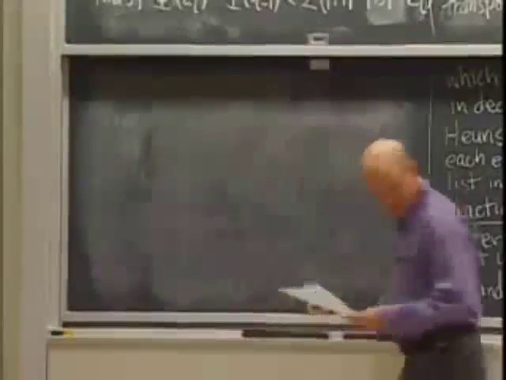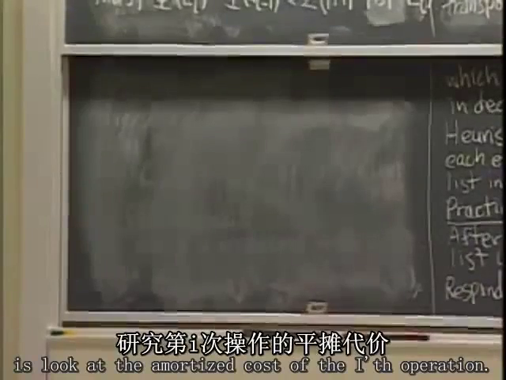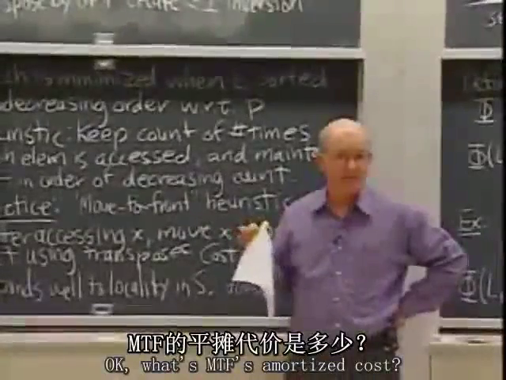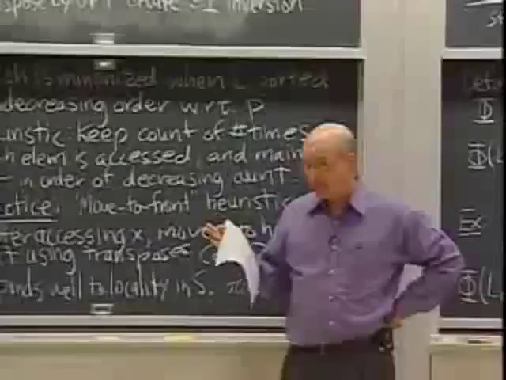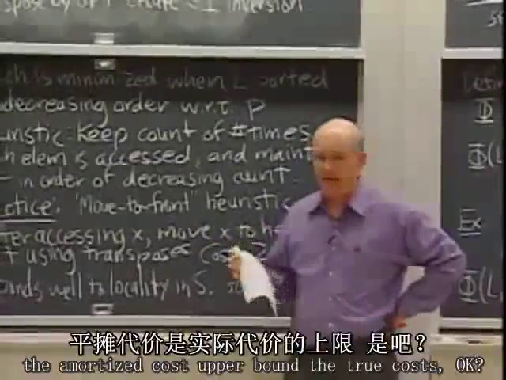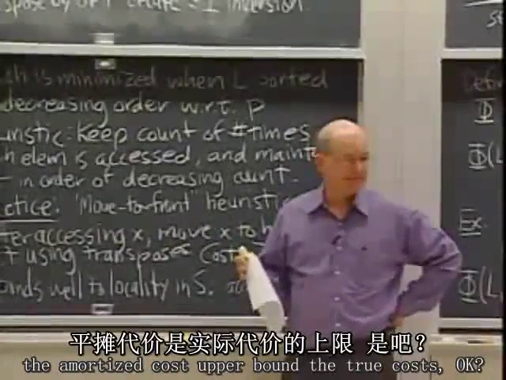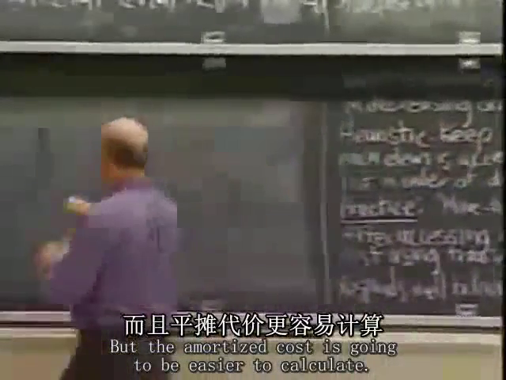The way we're going to do that is look at the amortized cost of the ith operation. What's MTF's amortized cost? Then we'll make the argument, which is the one you always make, that the amortized costs upper bound the true costs. But the amortized cost is going to be easier to calculate.